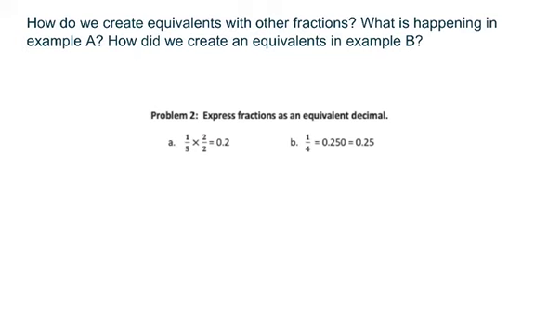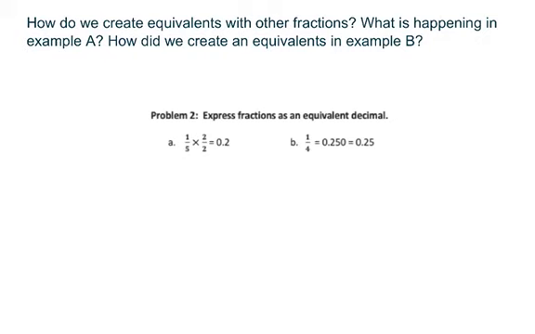So how do we create equivalence with other fractions? I just want to go back around and show you what's happening. What's happening in example A? If we look, it says 1/5 times 2/2 equals 2/10, right? We just did that.